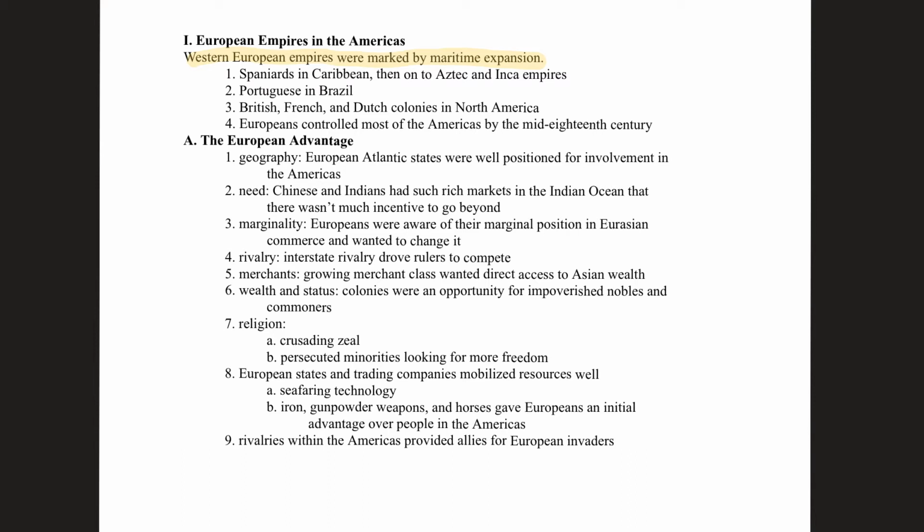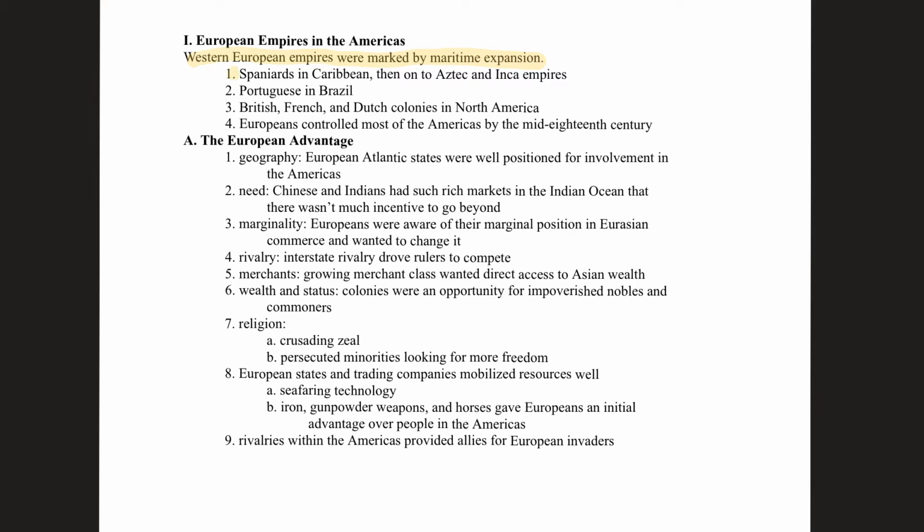They've spent a lot of time trying to beat up their neighbors, and they realize that that simply isn't going to be successful, at least not long-term. So if they want to build an empire, they're going to have to go off Europe. And if they want to go off Europe, they're going to need some maritime or naval technology, which we'll talk about a little bit later, in order to do just that.